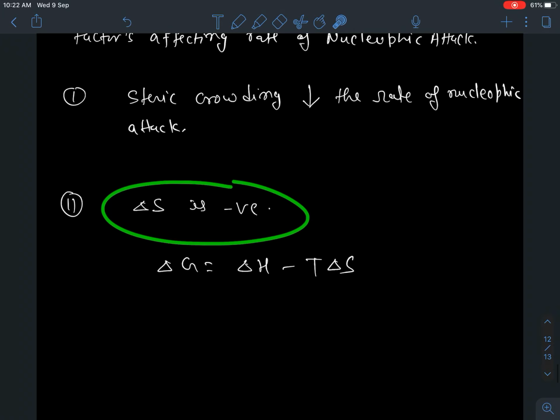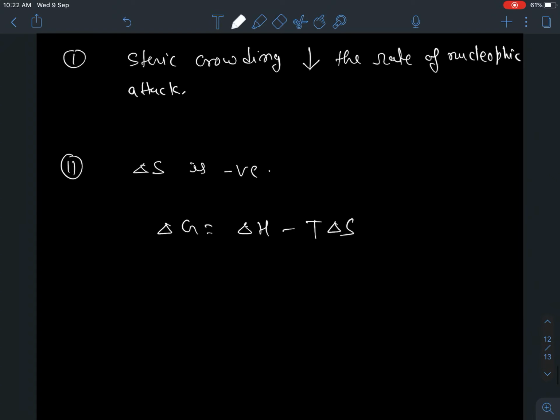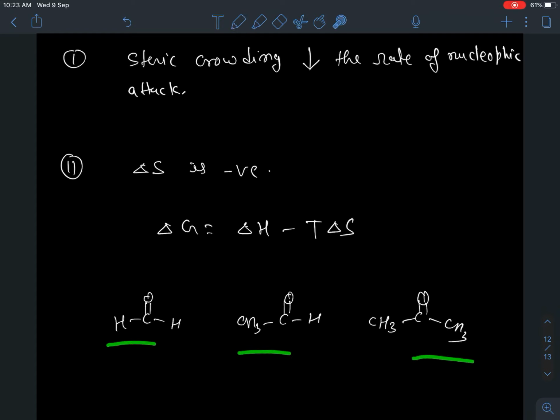Now by taking care of this, if we are going to discuss the relative rate, suppose I have an aldehyde, formaldehyde, then acetaldehyde, and then suppose I have a ketone. What will be the relative reactivity of all three?